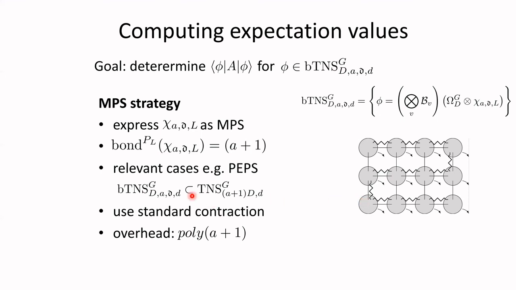So by this, if we talk about lattices and simple graphs, we can show that the boundary tensor network states can be embedded into a tensor network where we have a blow up of the dimension by this factor A+1, because we snake this MPS through the bond dimension that's already there. And then we pay this poly overhead in the contraction, but otherwise everything is unchanged and we can just use the standard methods.